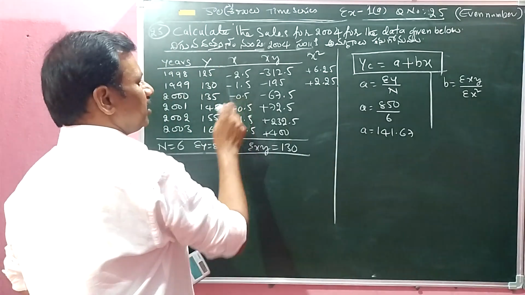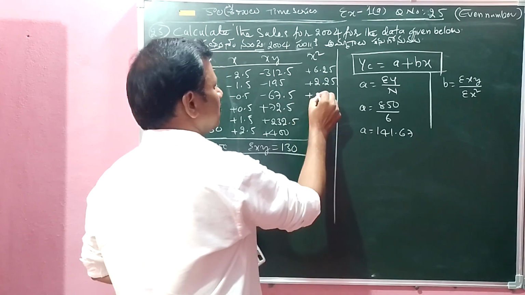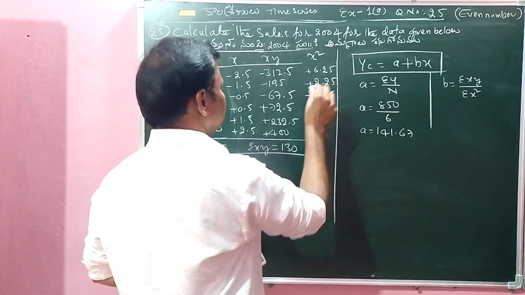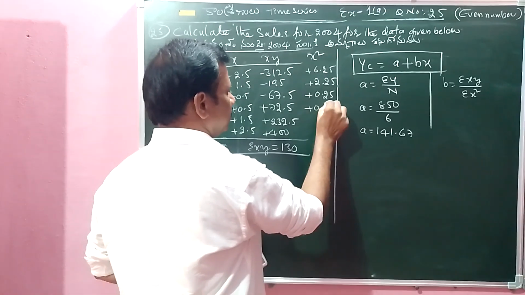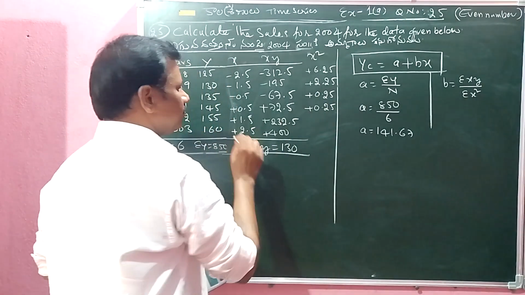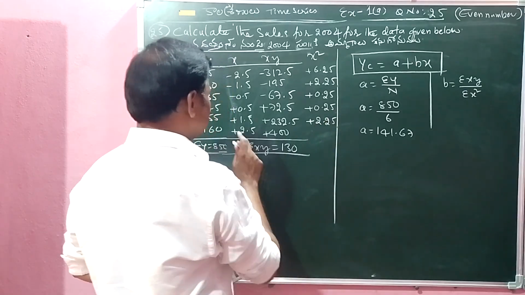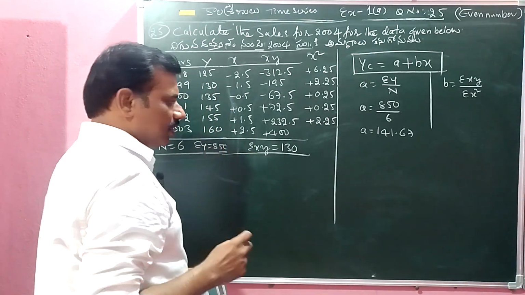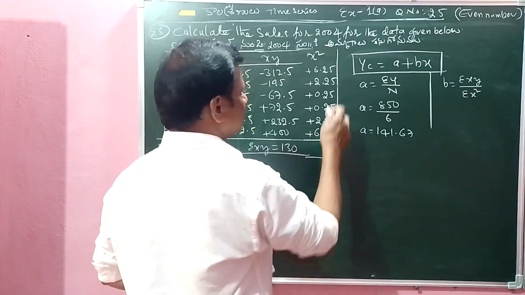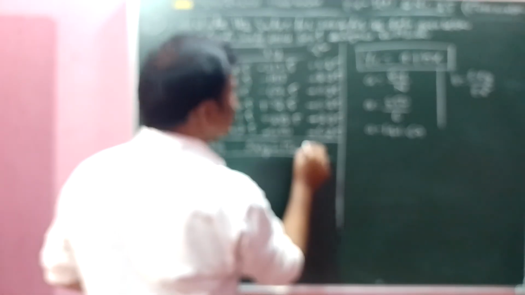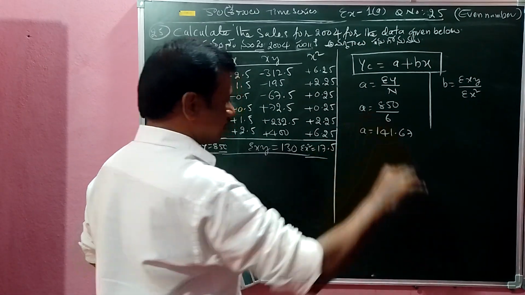Minus 0.5 into minus 0.5 is plus 0.25. Next 0.5 into 0.5 is 0.25, 1.5 into 1.5 is 2.25, and 2.5 into 2.5 is 6.25. So the total is sigma x square value, that is 17.5.